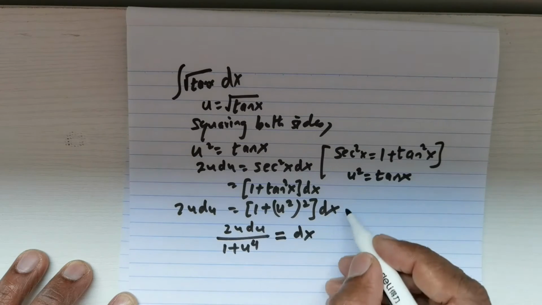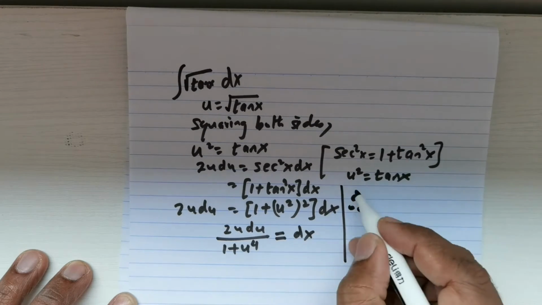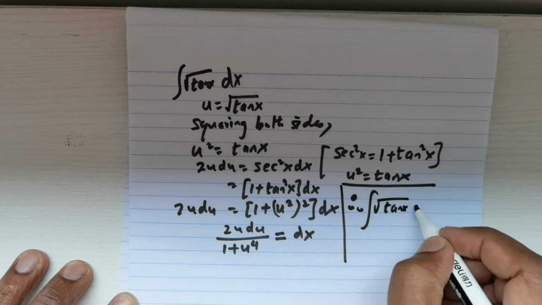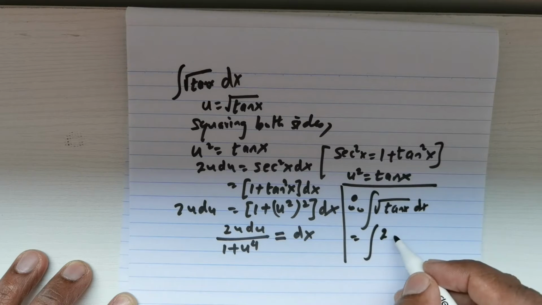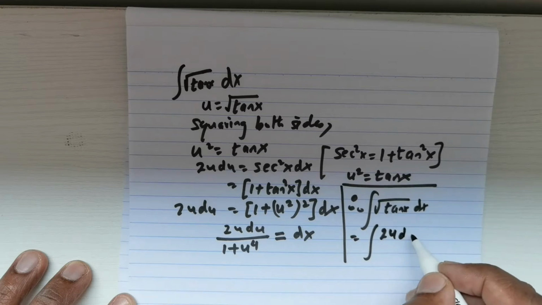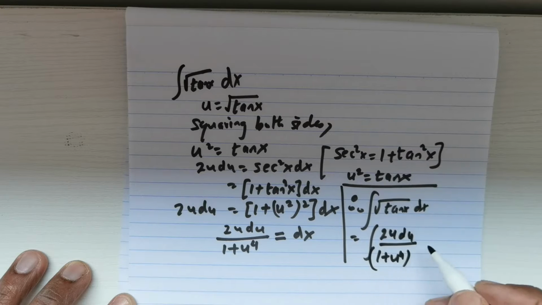So the original integral can now be rewritten. The integral of root of tan x dx is now equal to the integral of 2u du divided by 1 plus u to the power 4.